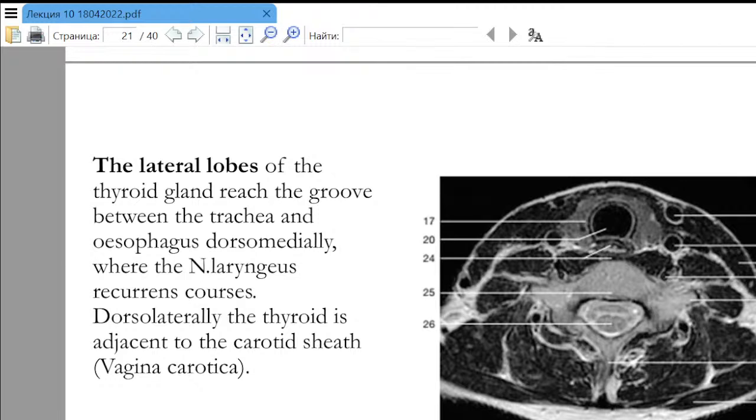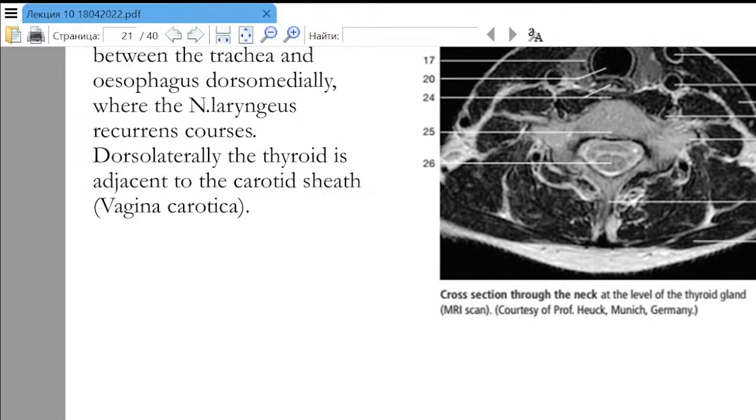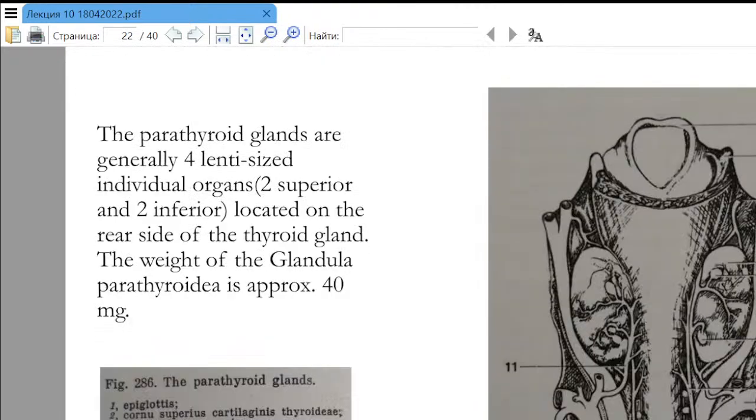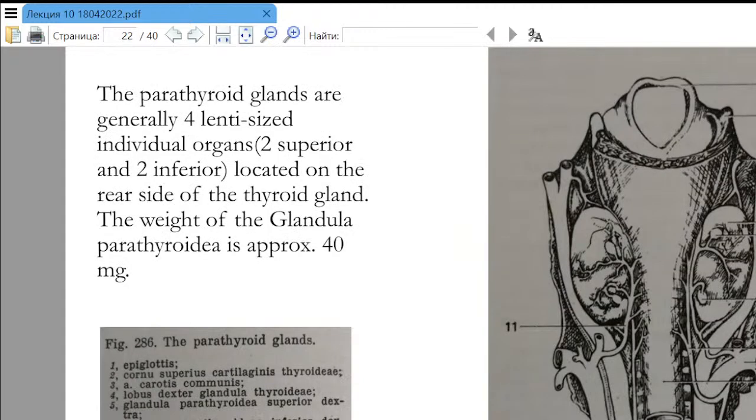It is a cross section through the neck at the level of the thyroid gland. This is the vertebra. This is the thyroid gland, the posterior aspect.